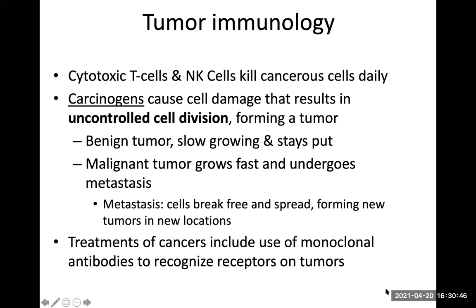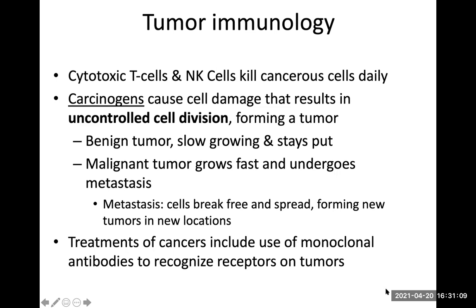Okay. Treatments of cancer. One popular treatment that will usually be done with a combination of treatments is using monoclonal antibodies, where we already know the receptors on that particular tumor, and we can give antibodies against it, and that helps the immune system to fight.